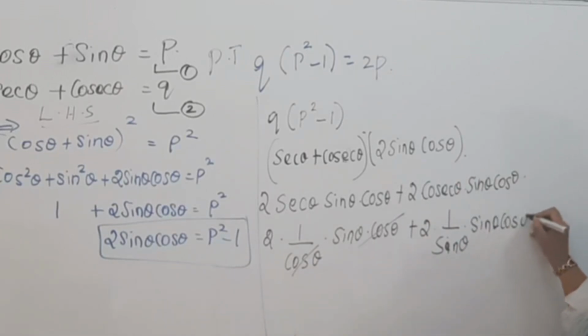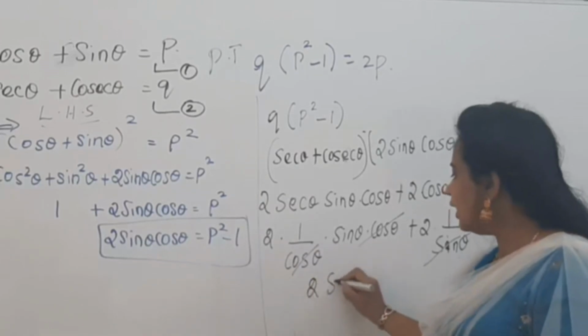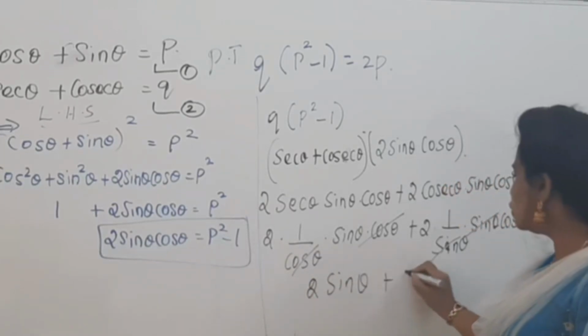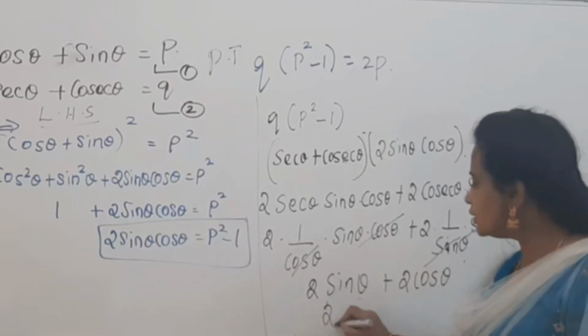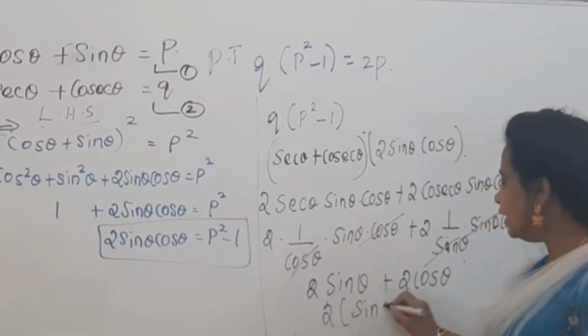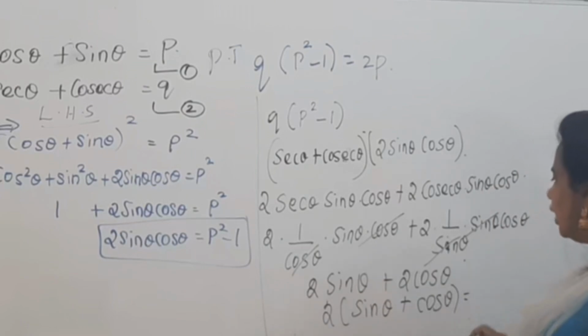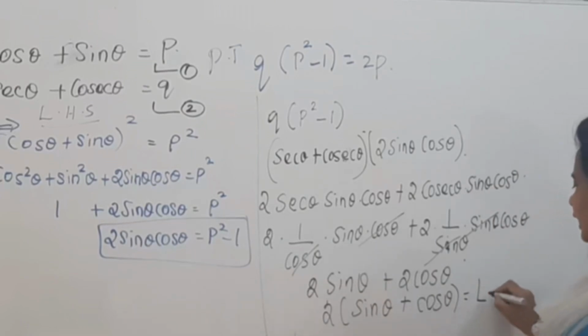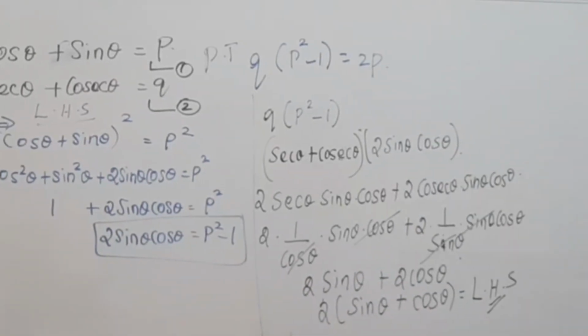So that is equal to, sine theta gets cancelled, so 2 sine theta plus 2 cos theta. This is what I get. So 2 is taken outside. So 2 into sine theta plus cos theta, which is my LHS. Now I am going to take my RHS and I am going to prove the same way.